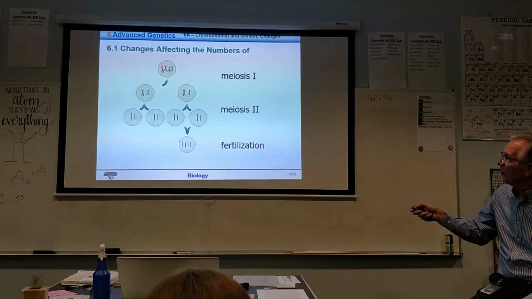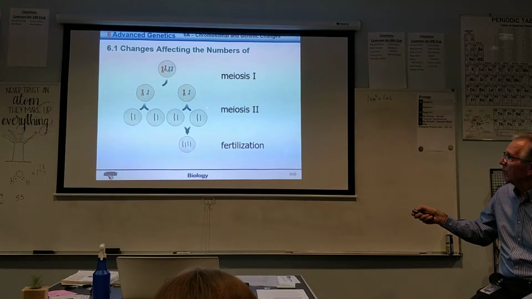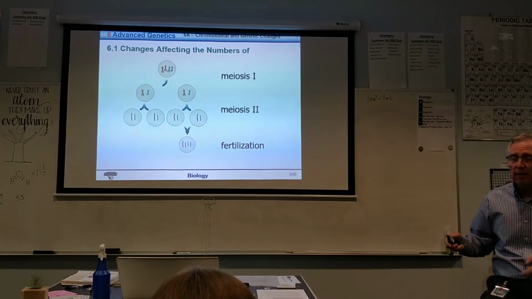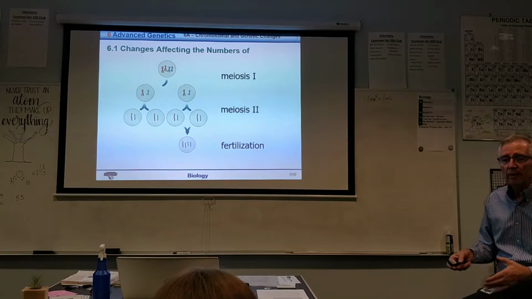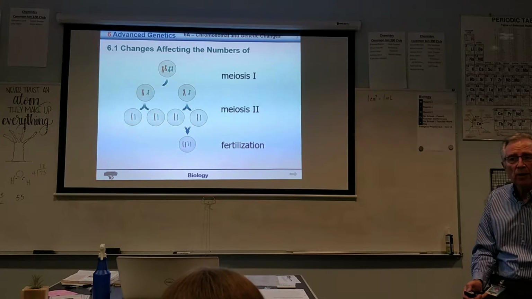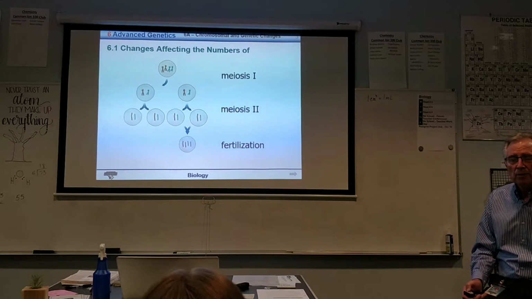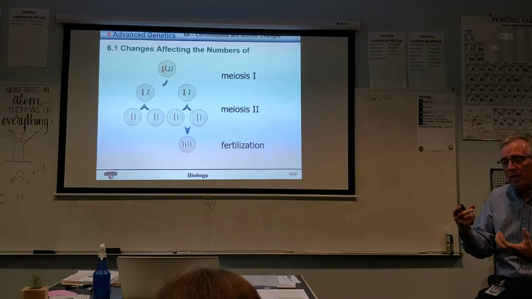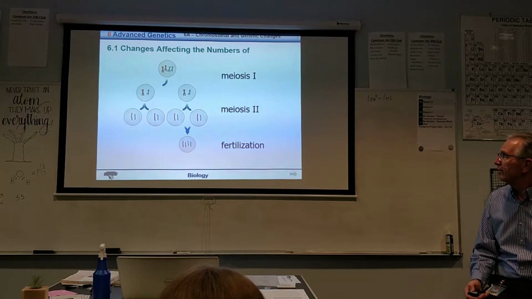So we start out with 4N to 2N to 1N, and then 1N plus 1N makes 2N. This is diploid down here, which is really common in living things. So any questions? So during that process, that's when these changes can occur.